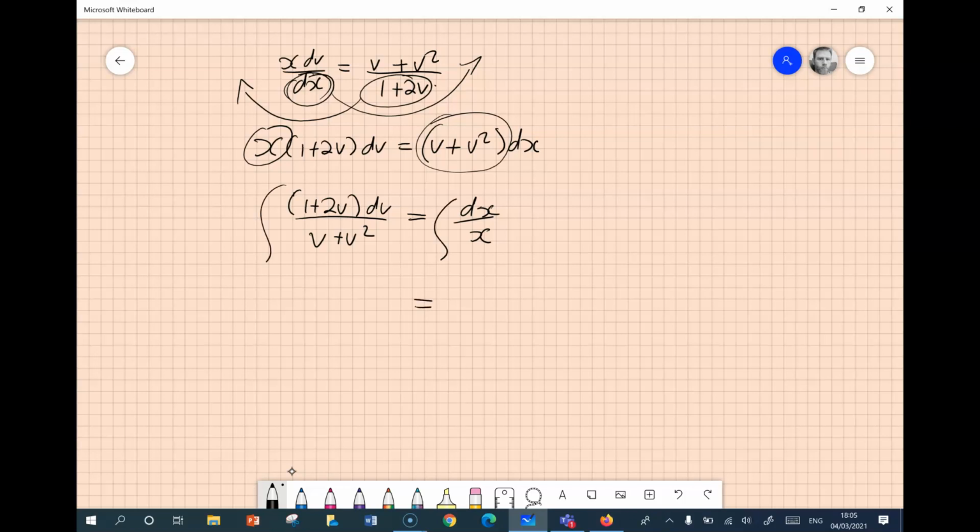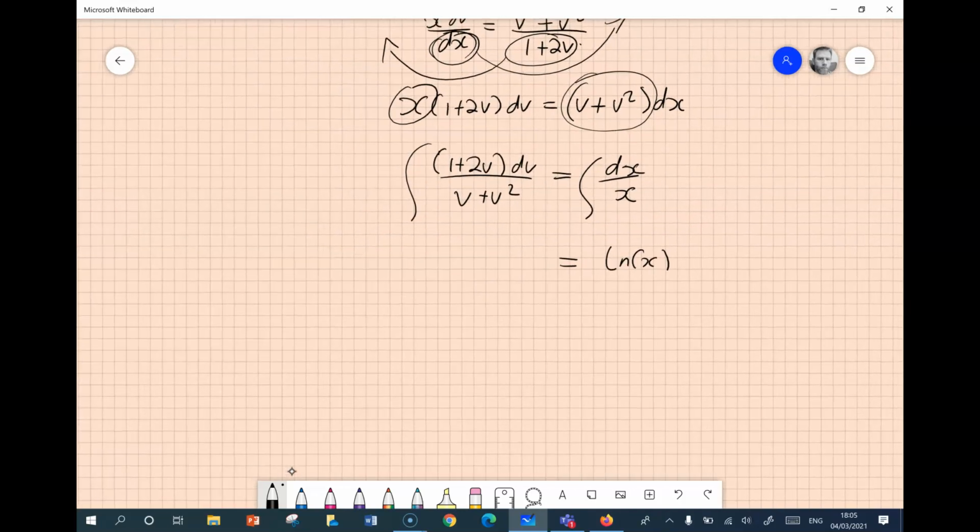Okay, now our v's are with our v's and our x's with our x's, so it's an easy integral. Well, it's easy on the right anyway. That's the integral of 1 over x, which is the natural log of x. The left-hand side is a little bit trickier, so what I might do is integration by substitution. I'm going to let u equal v plus v squared, since I noticed that the derivative of the bottom would give me the top, and that's always handy. When I differentiate, du/dv gives me 1 + 2v.